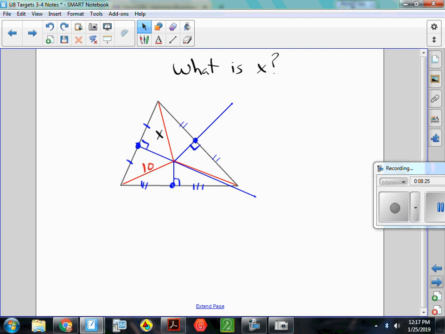They might take all your perpendicular bisectors and only draw them that much, but really they go as far as they want. You have the number 10 in red, and that is the length from the circumcenter to the vertex. And so that means the length from the circumcenter to every vertex is 10. And so x equals 10. And that is how to work with target 1.